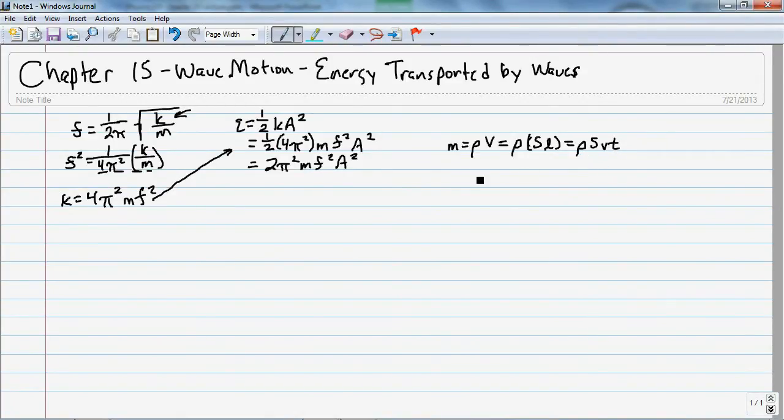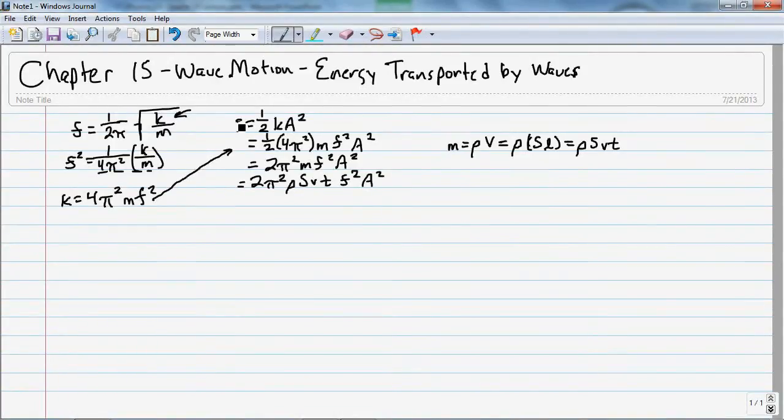And now we can substitute this in for the mass. Equals 2 pi squared, put in our value, density times the cross-sectional area times velocity times time times the frequency squared times the amplitude squared.